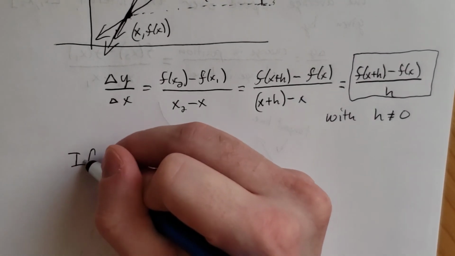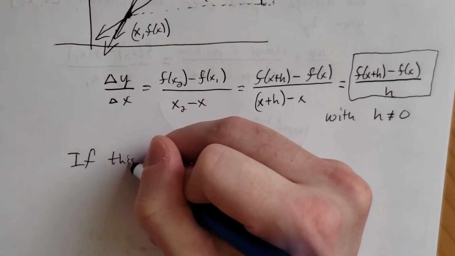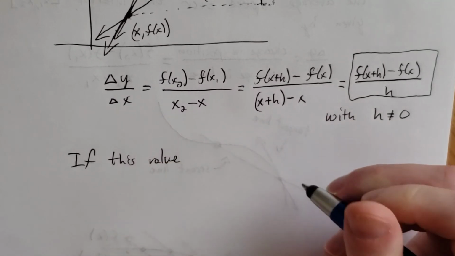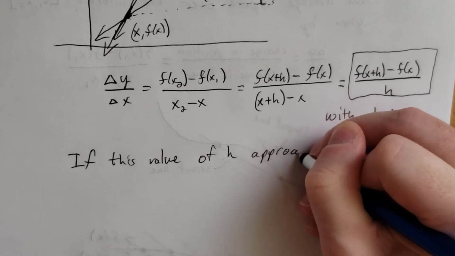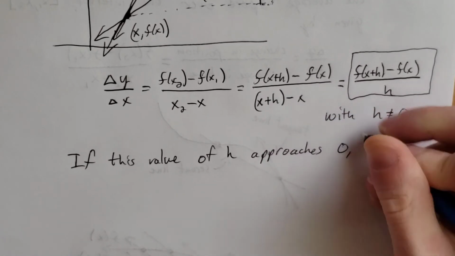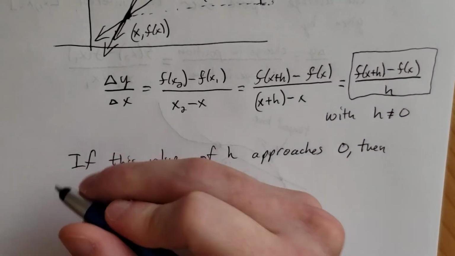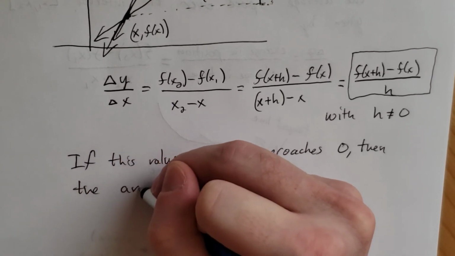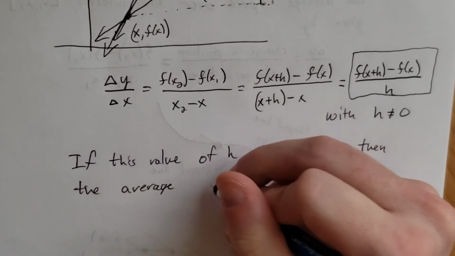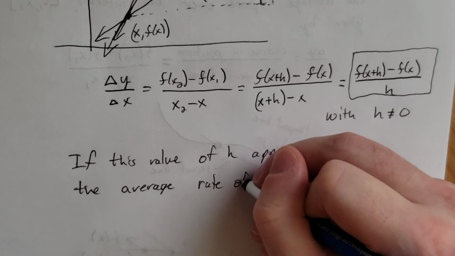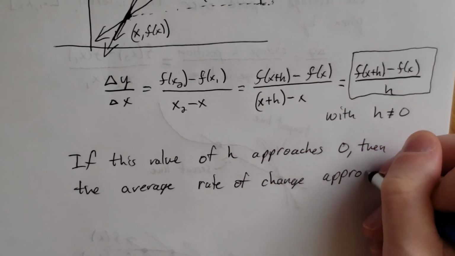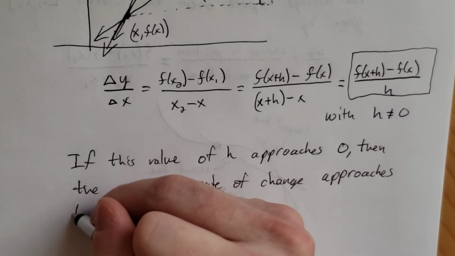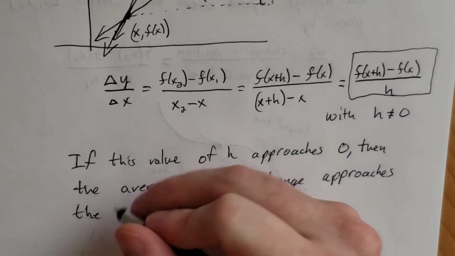So if this value of h approaches 0, then the average rate of change approaches the instantaneous rate of change.